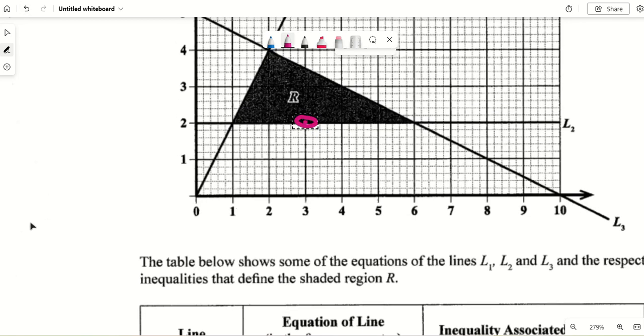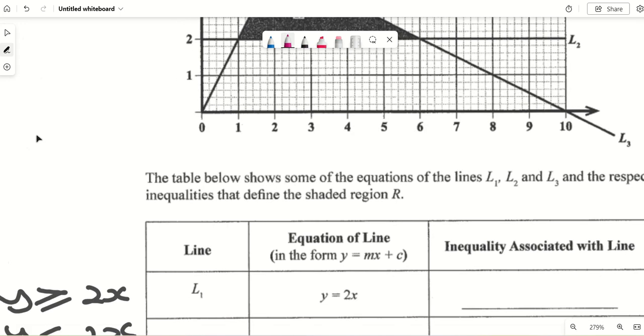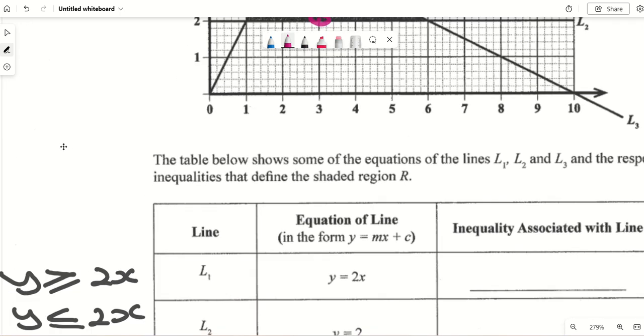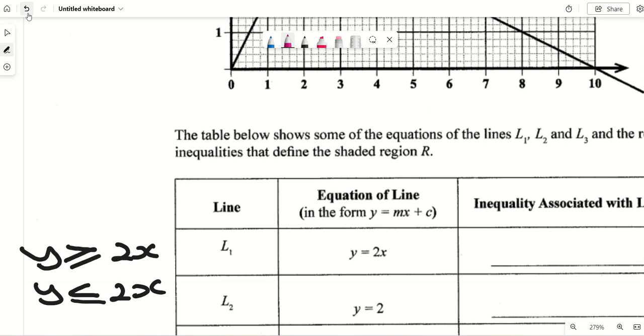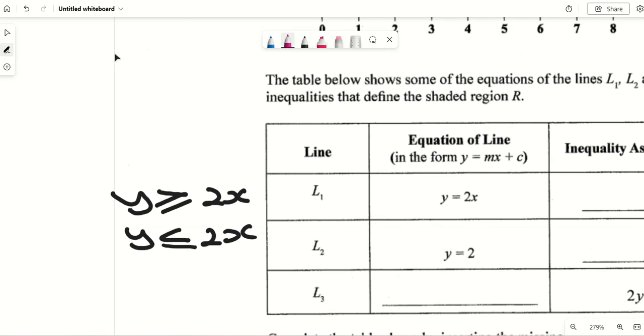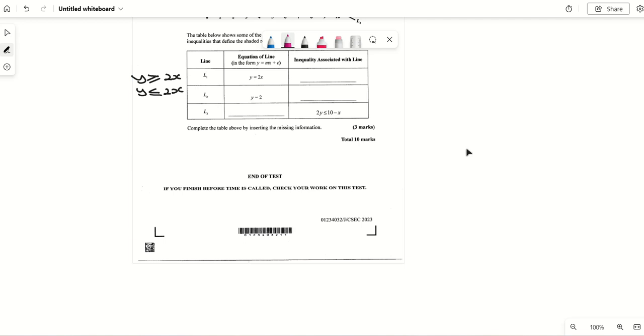So that is in the inequality that is associated with the line. So what we are going to do is see if that point satisfies which inequality here.